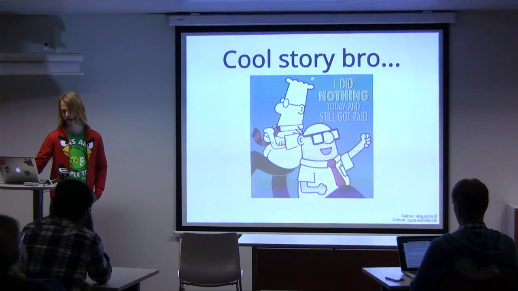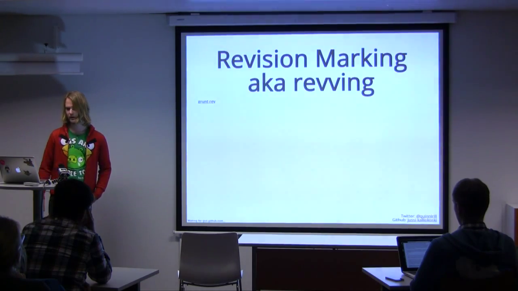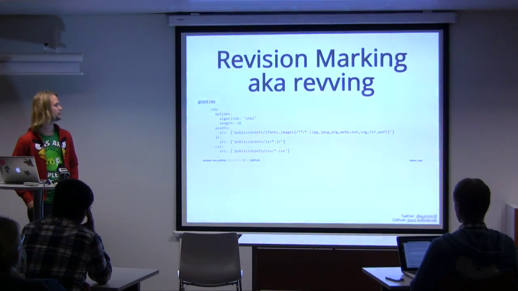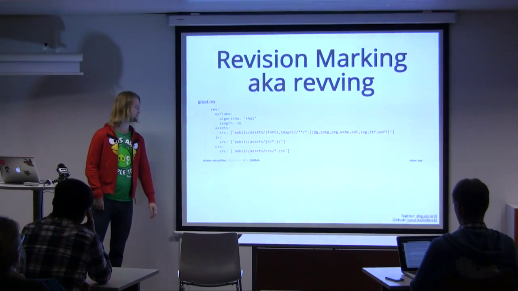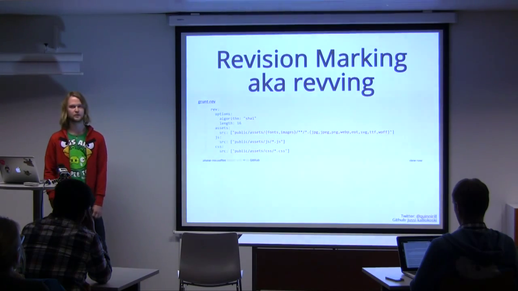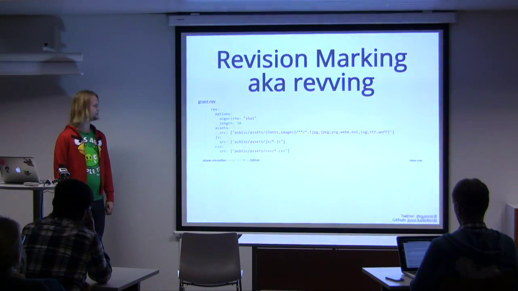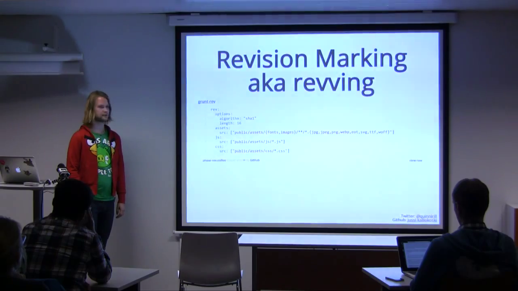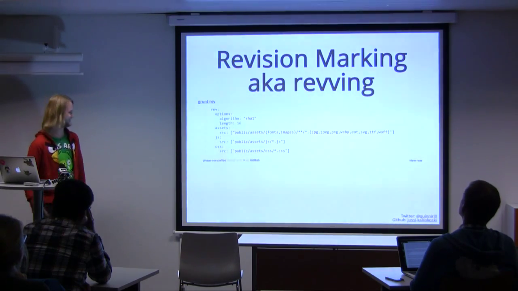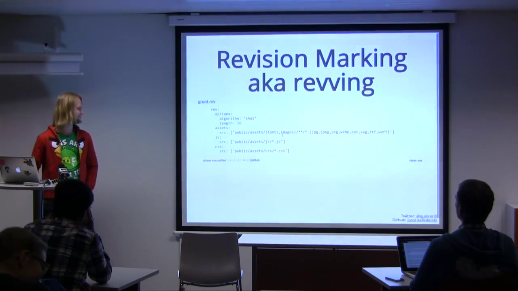There's a tool for that for Grunt as well, called grunt-rev. We just define that we use SHA-1 because, well, Linus Torvalds said that it would work, so I believe him. And we do that for our assets, JS, and CSS.